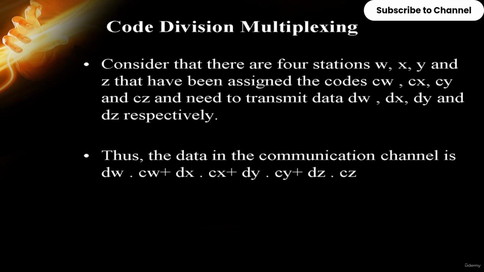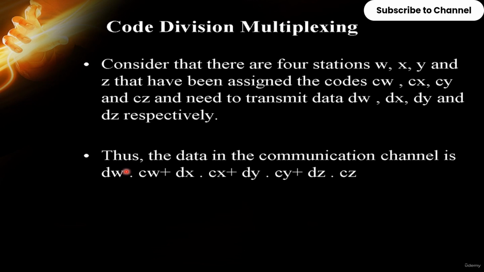For example, assume there are four stations named W, X, Y and Z, assigned the codes CW, CX, CY and CZ, and they need to transmit the data DW, DX, DY and DZ respectively.